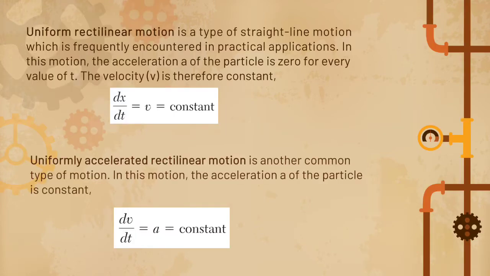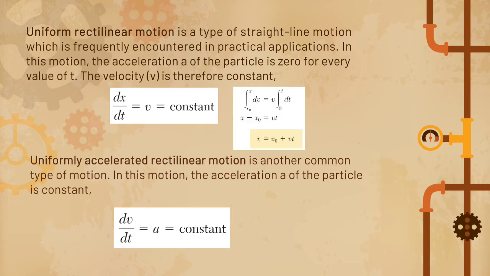Uniform rectilinear motion is a type of straight line motion which is frequently encountered in practical applications. In this motion, the acceleration of a particle is zero for every value of t. The velocity is therefore constant. So the equation dx over dt is equal to v becomes constant.